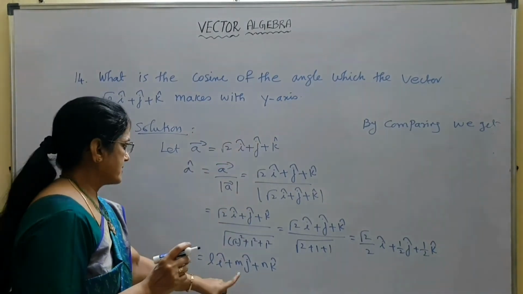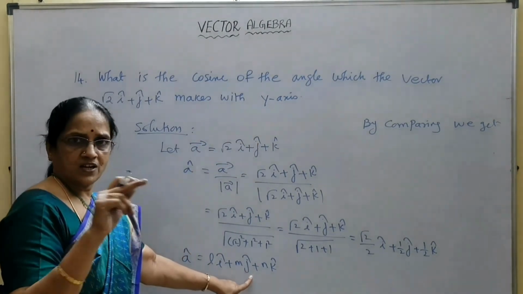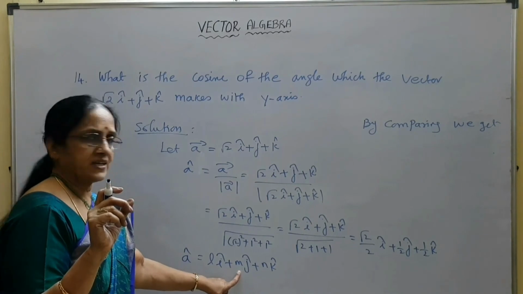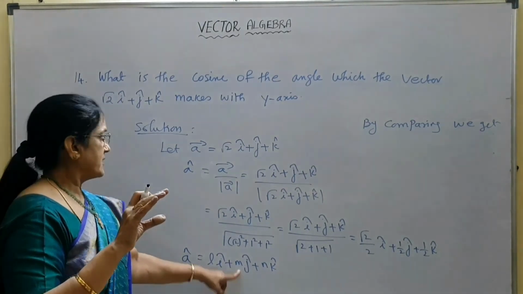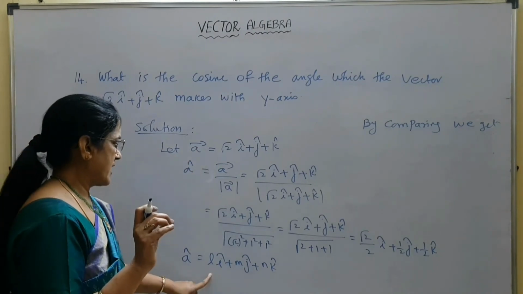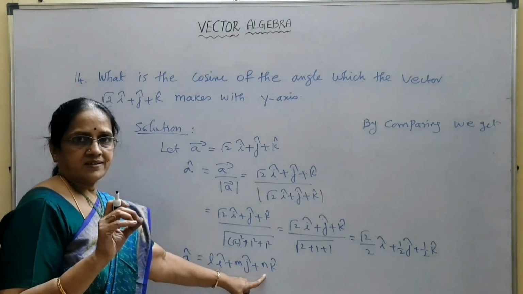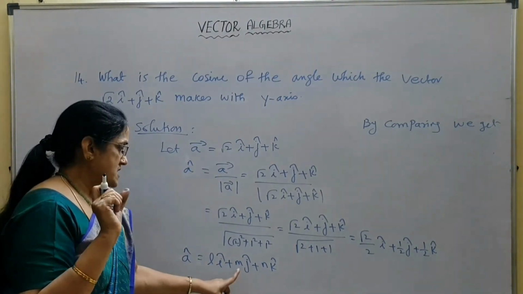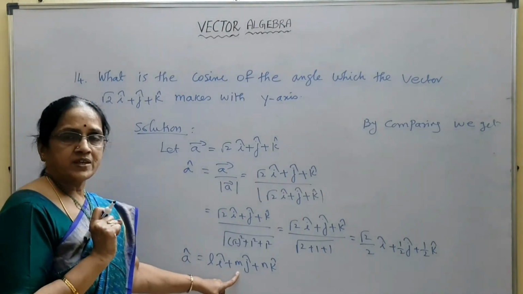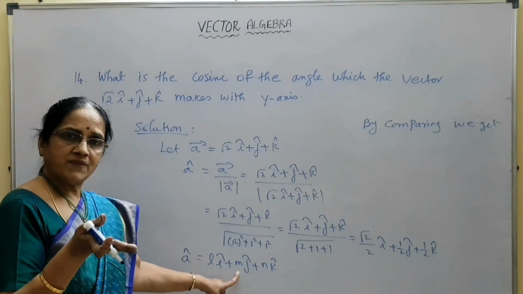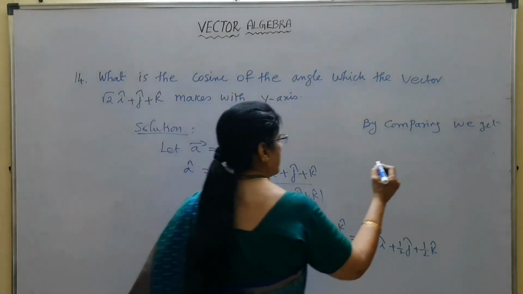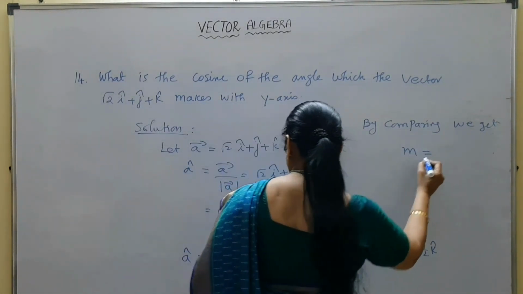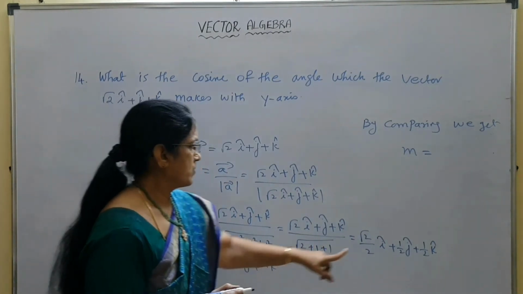So y-axis here, j cap is the unit vector along the y-axis. So I am having here M. So M is the DC. Actually, the DCs of the vector A are L, M and N. So your cos beta is going to be M if beta is the angle made by the vector with the y-axis. So we get M is equal to 1 by 2.